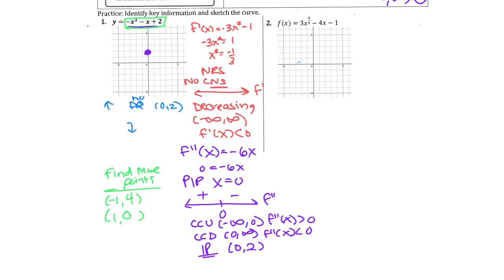So I'm going to go ahead and graph those 2 points, negative 1, 4, positive 1, 0. And I'm going to sketch my curve. My curve is going to start opening upward, cupping upward, going through that point and going up forever. At this point, which is my y-intercept, but is also my inflection point, it's going to change from concave up to concave downward because it is my inflection point.